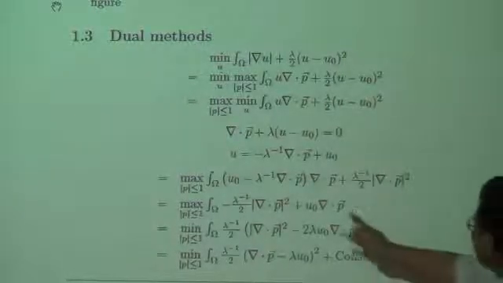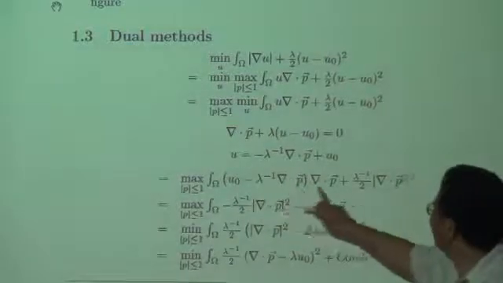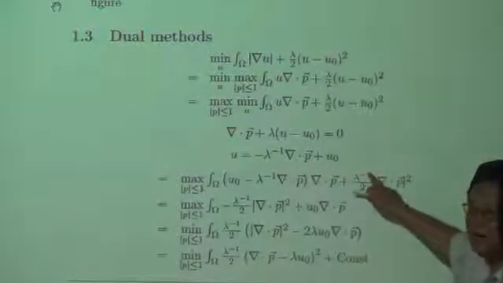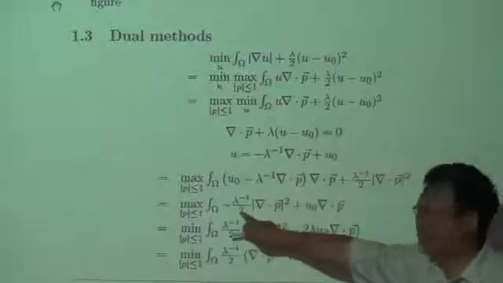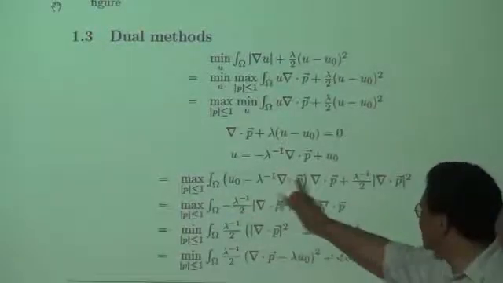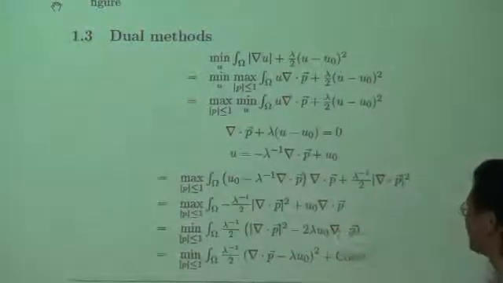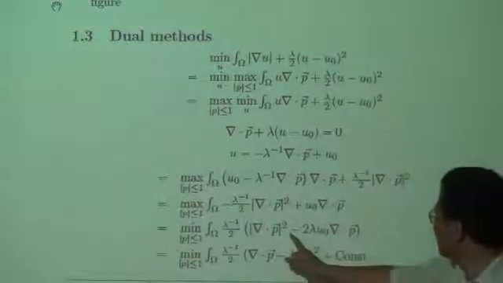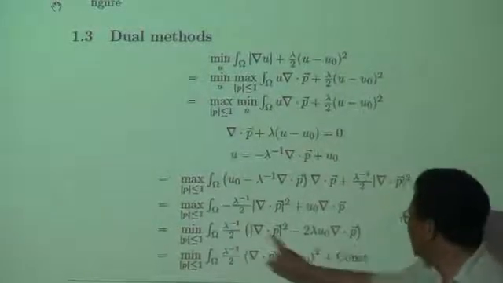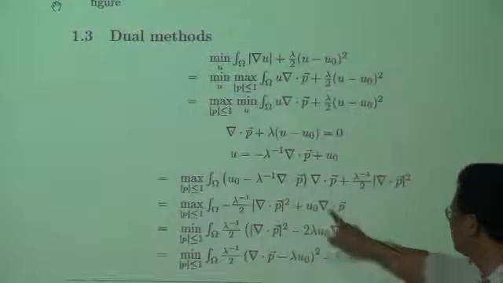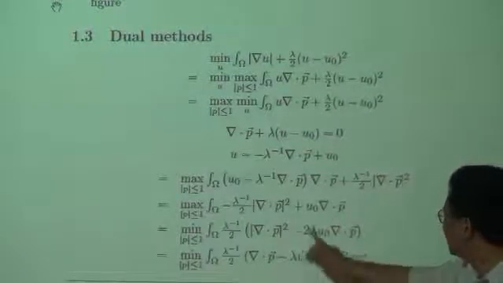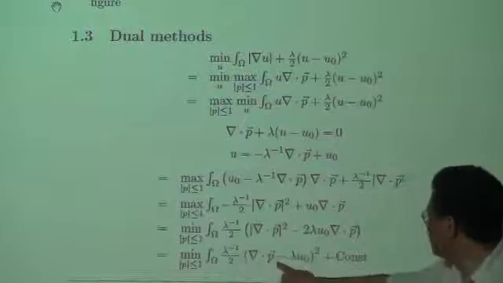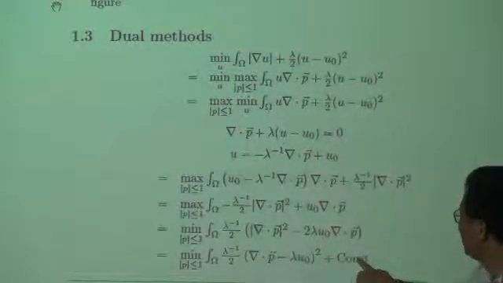And then you can see here you have a minus, and here you have a plus half. So those two cancel and just become one minus. And those are the two terms, and this term is the same. And then you can just take a lambda, and here you get 2. So this is very simple. And then you put this square, you get lambda inverse square.